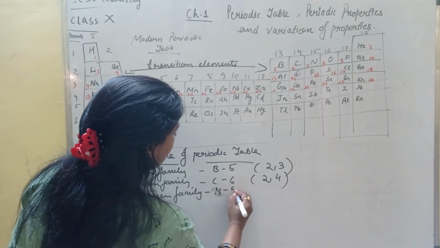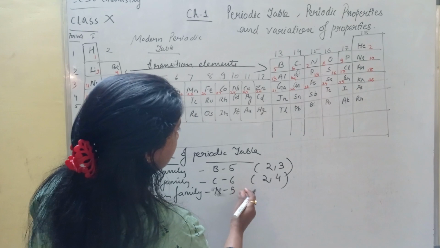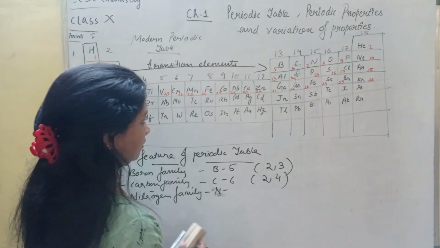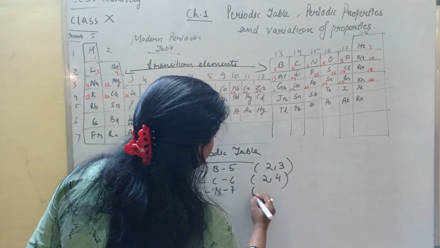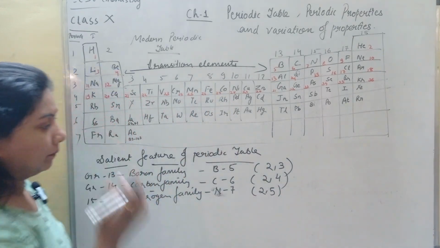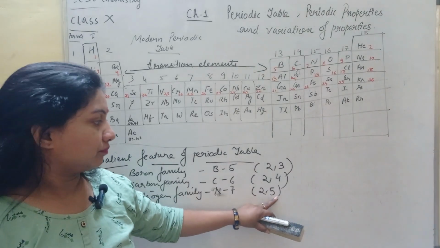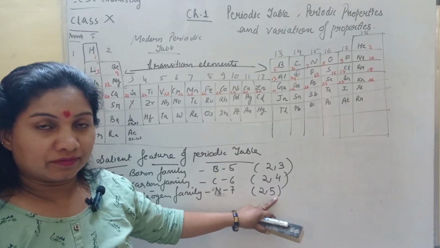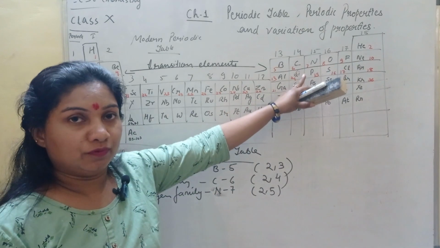Nitrogen, N, atomic number 7, configuration is 2, 5. The valence shell configuration is 5, so it belongs to group 15.